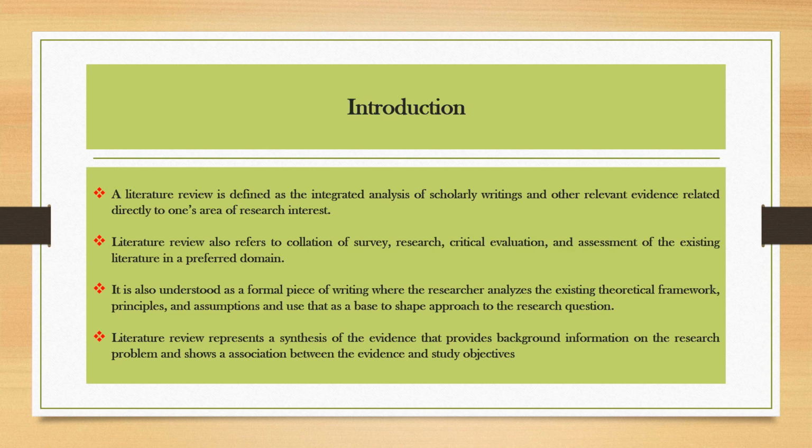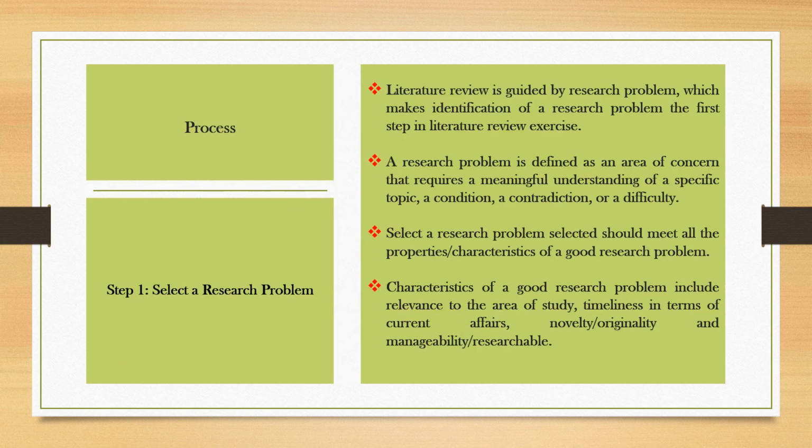I now want us to look at the various steps that we need to undertake when we are undertaking a literature review. One of the first things that we're required to do as a researcher, a scholar, or as a student is to select a research problem. You select a research problem. A research problem is simply the issue that you wish to investigate.